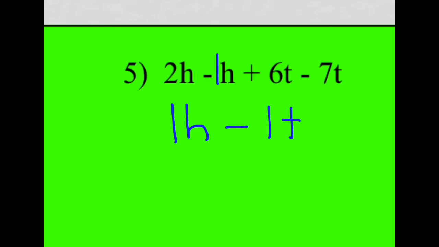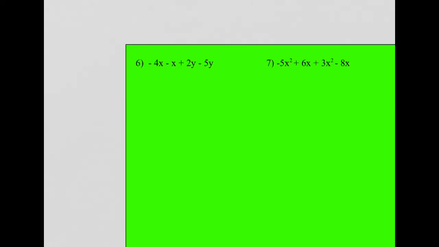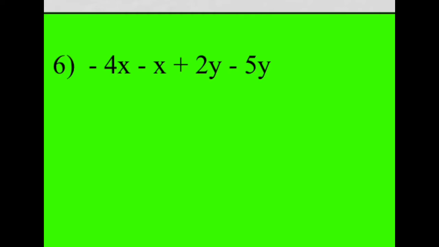Let's take a look at a couple more. Number 6. We have negative 4x, we have negative 1x, we have positive 2y, we have negative 5y. Okay, so let's look at our x's first. We have a negative 4x, we have a negative 1x.